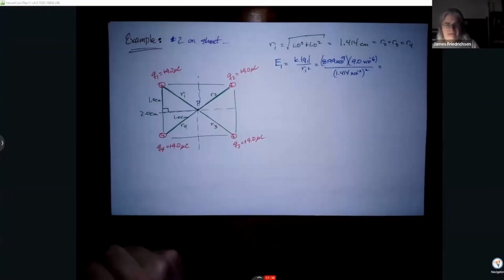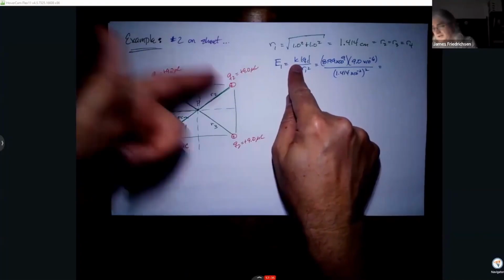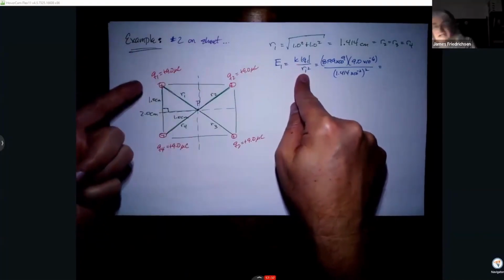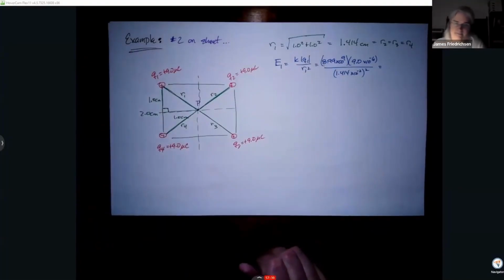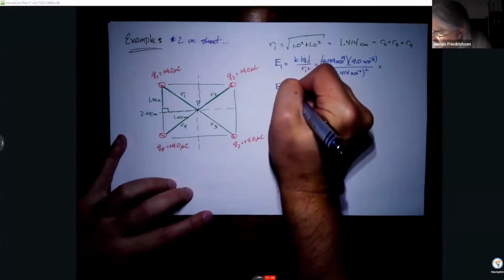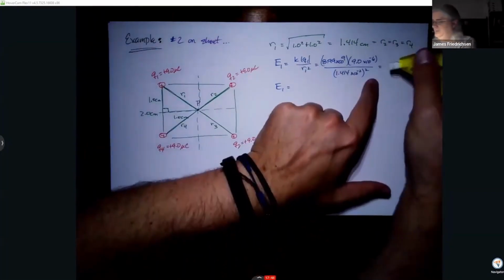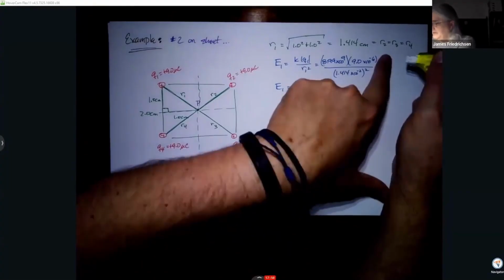And so we can get our magnitude here, but again, the K is a constant. All the Q's are the same. All the R's are the same. And so all our magnitudes are going to be the same. What is the magnitude? So we'll just calculate that.